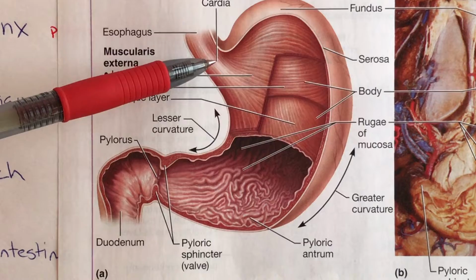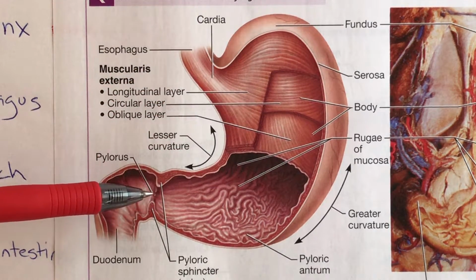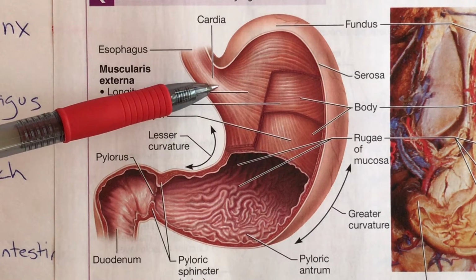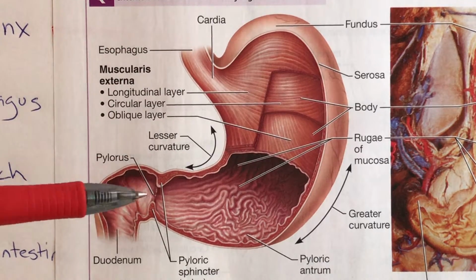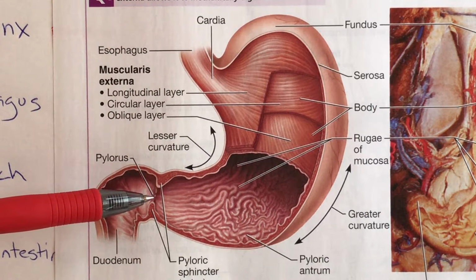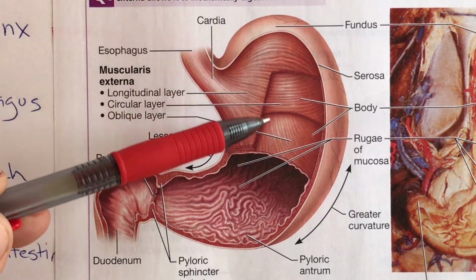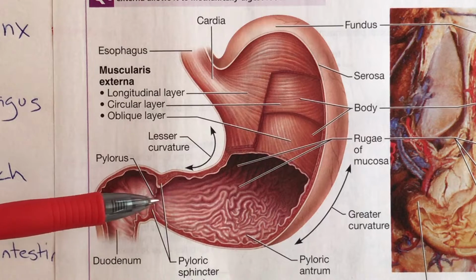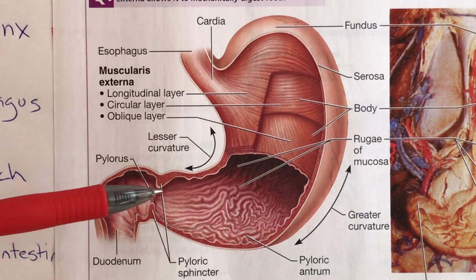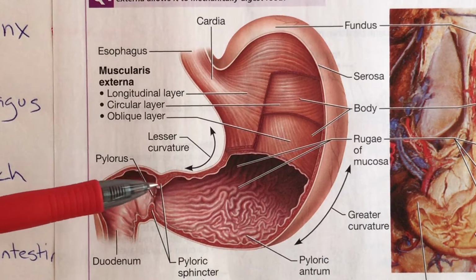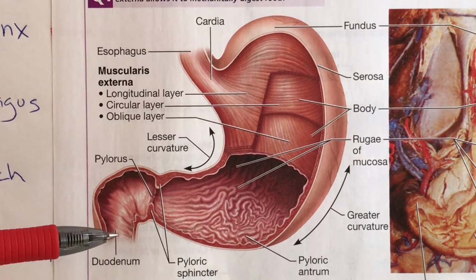And so we have two sphincters. We have the cardioesophageal sphincter and we have the pyloric sphincter. This one prevents food from going back up the wrong way. And this one opens a little bit at a time, and as food is forced through, it allows just a little bit of food to enter, a little at a time.